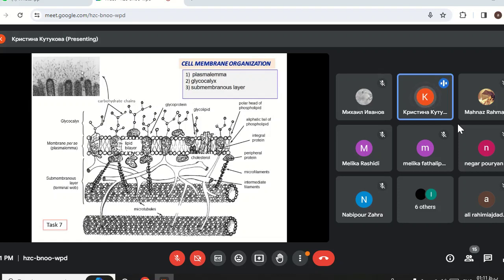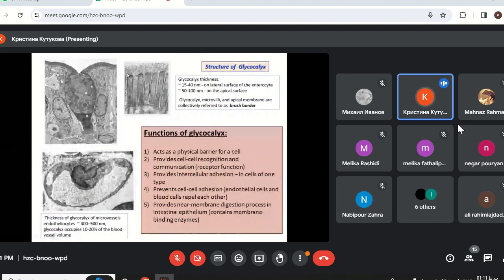So this is the process of digestion, breaking down of larger molecules into smaller ones, and these smaller molecules, amino acids, then can pass through the membrane into the cytoplasm of the cell. So in the case of the cell of the intestinal epithelium, glycocalyx also provides near-membrane digestion.